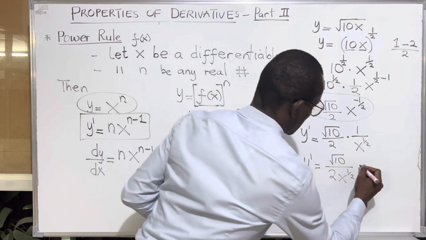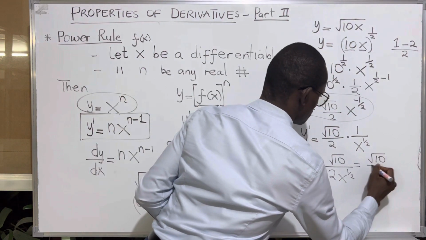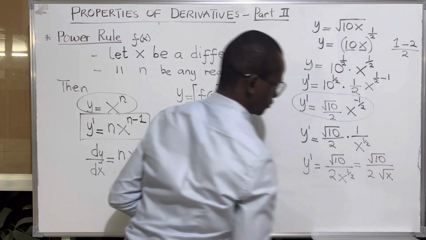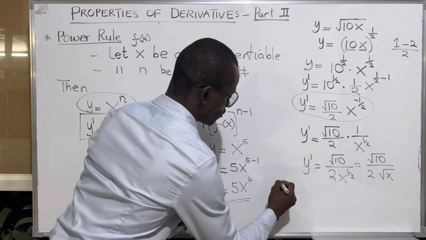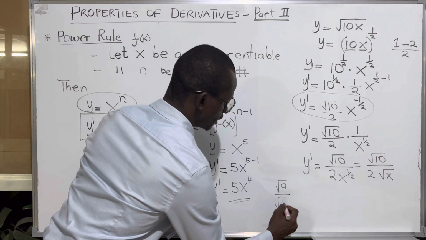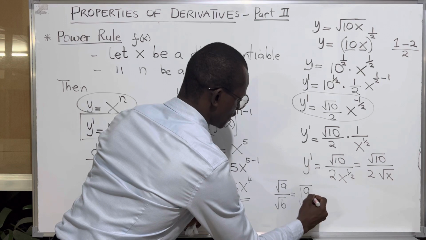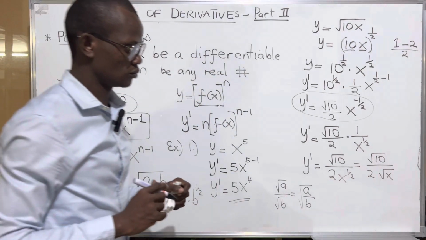So we can now say this is the square root of 10 divided by 2, this is the square root of x. Now, the rule says if you have the square root of a all over the square root of b, this can be written as the square root of a over b, under one square root.